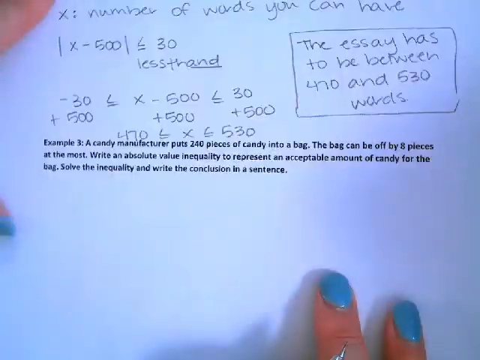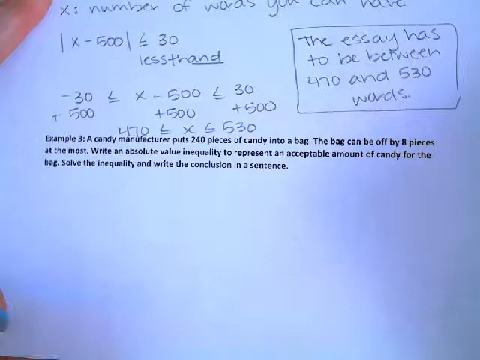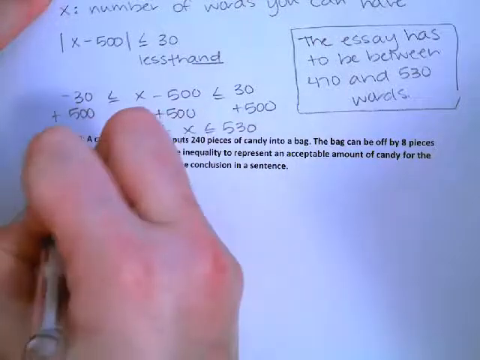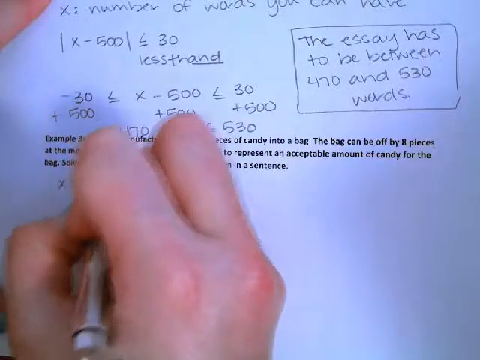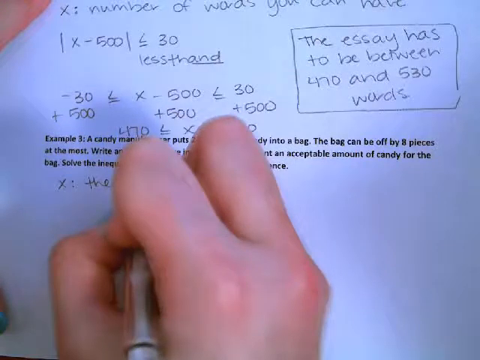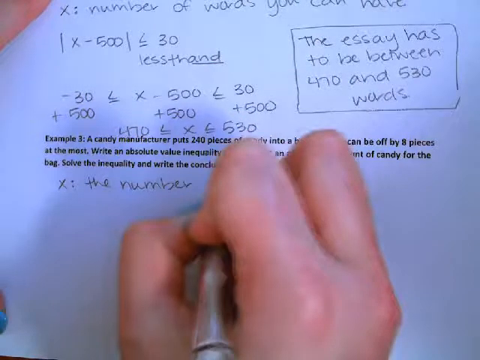All right, last example, a candy manufacturer with 240 pieces of candy in a bag. The bag can be off by 8 pieces at the most and still be acceptable. So X is the number of pieces of candy in a bag.